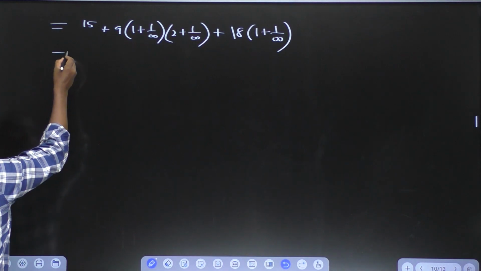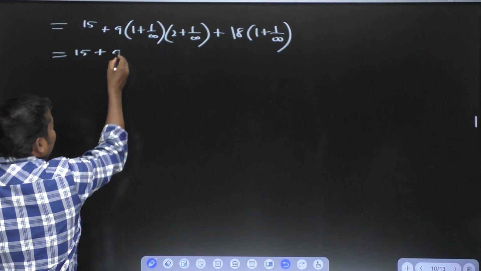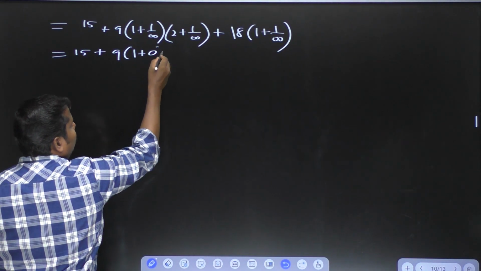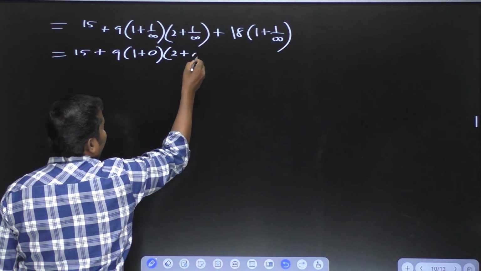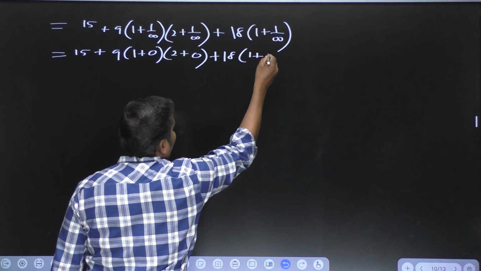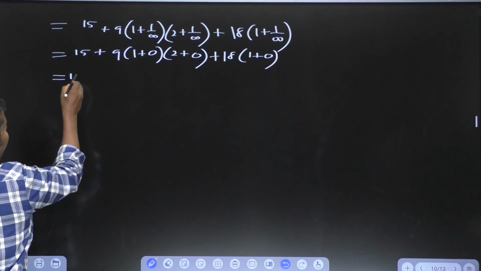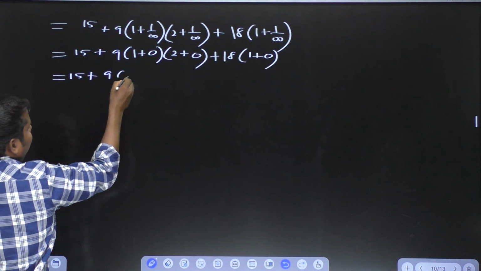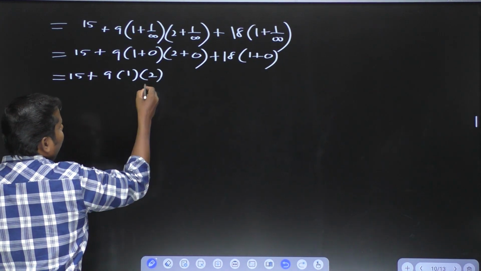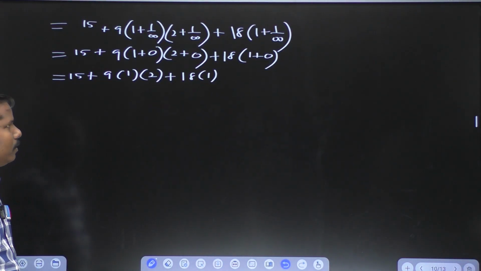Okay, this is nothing but 15 plus 9 into 1 plus, what is 1 by infinity? 0. Into 2 plus, what is 1 by infinity? 0. Plus 18 into 1 plus 1 by infinity, again 0. So which is nothing but 15 plus 9 into 1, 2 plus 0 is 2, 18 into 1 plus 0 is 1.